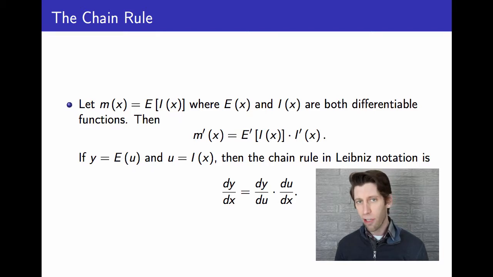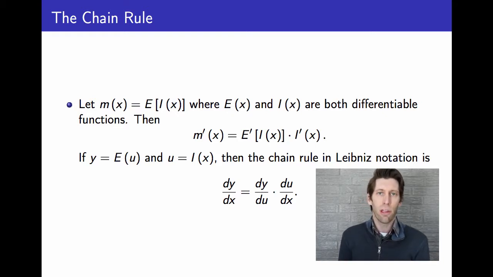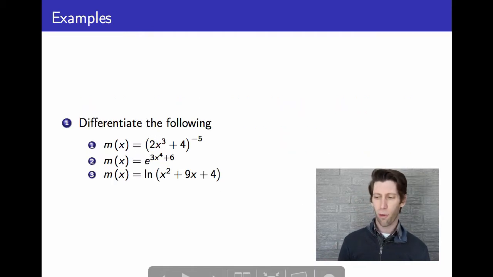You'll notice that if you treat these derivatives as if they were quotients, then you could just cancel out the du's and you'll be left with dy over dx. That's the power of Leibniz notation. It tells you what the chain rule is if you just think of derivatives in terms of quotients. So let's hit the first example here.